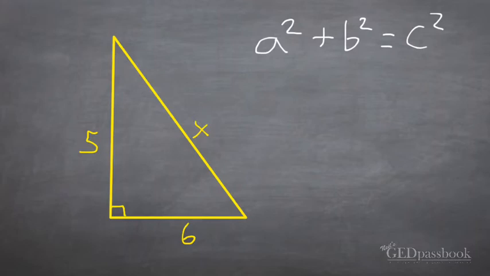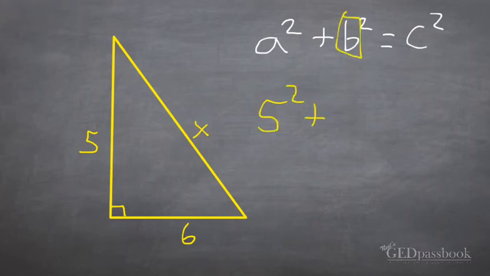So, A, B, and C. So tell me, my friends, just like we did last week with the slope of a line formula, we just have to get our numbers and put them into its designated spot. What's my A? 5. 5 squared.